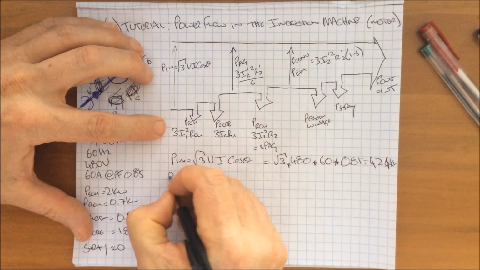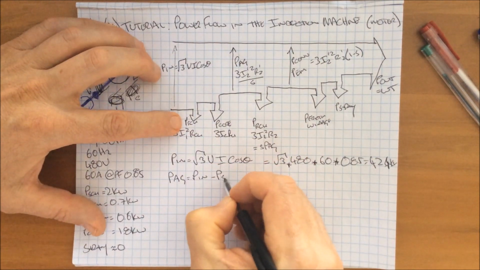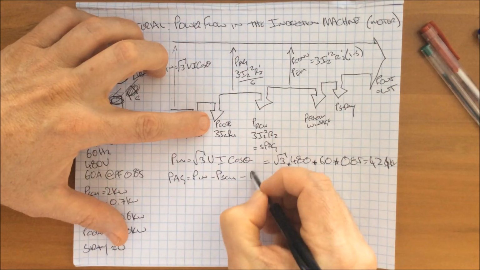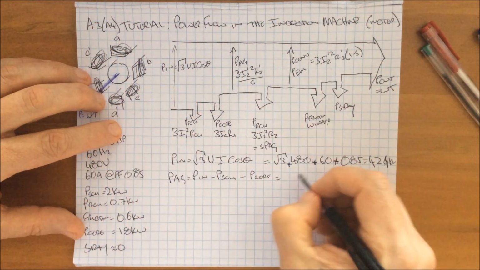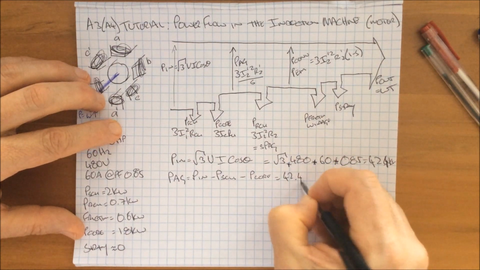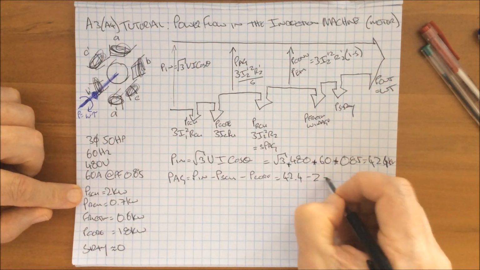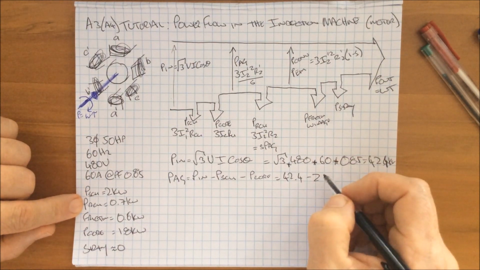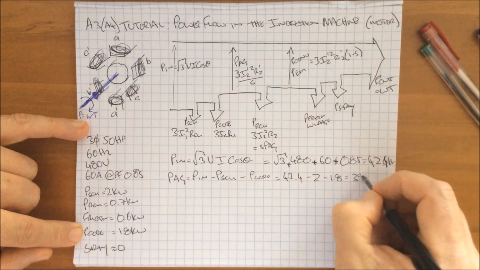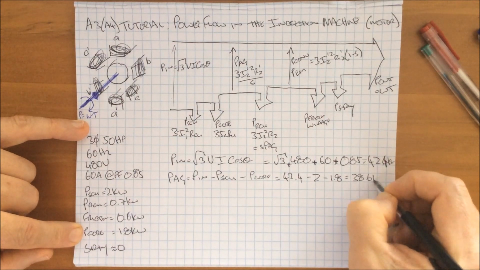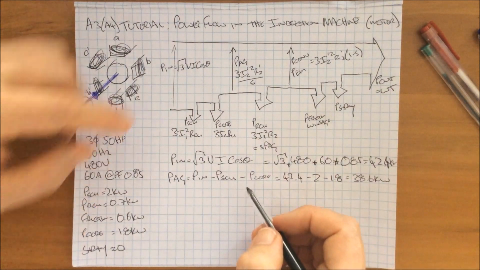So the power in the air gap is the input power minus the power in the stator copper losses minus the power in the core, which is 42.4 minus 2 minus, where is it, down here, 1.8, and that equals 38.6 kilowatts. So we now have the power in the air gap.